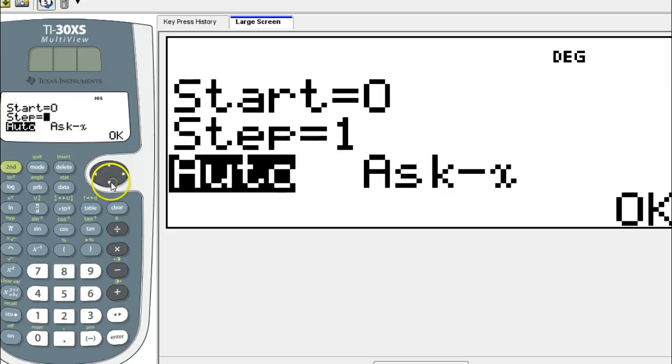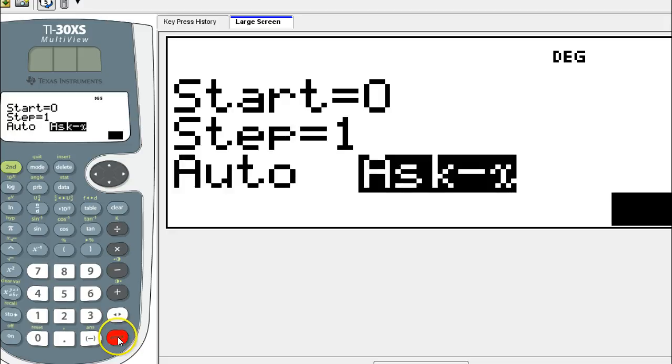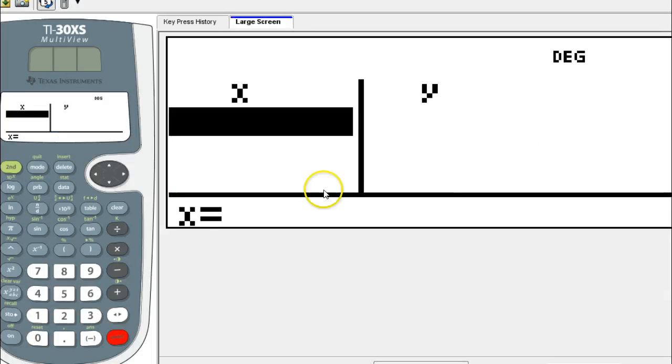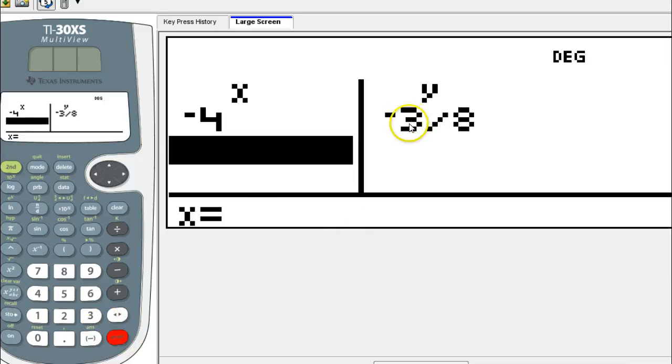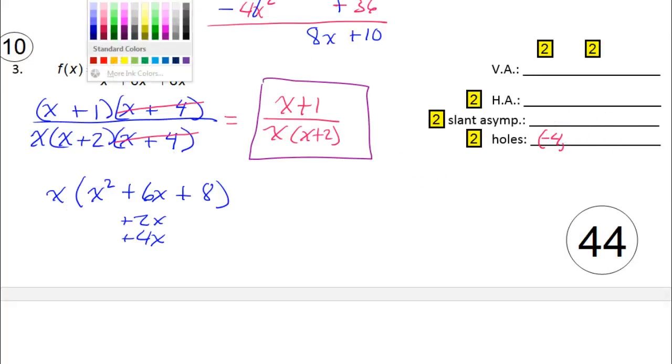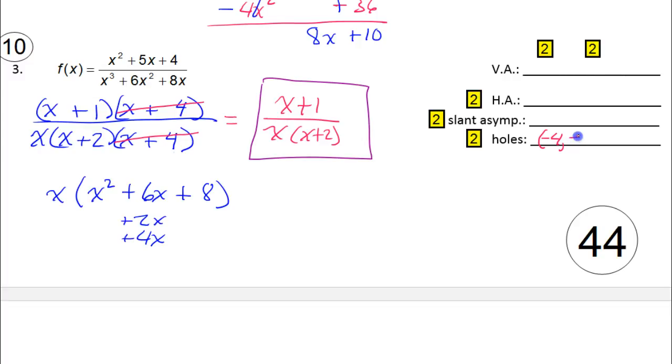All right, and I'm just going to use ask mode because I have a specific x value I want to see about. We want to evaluate the function at negative 4. So I could just put in negative 4, and it tells me that the y value is negative 3/8. Okay, so we found the hole.